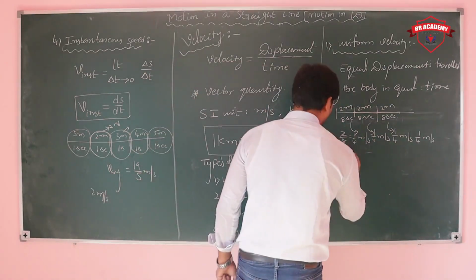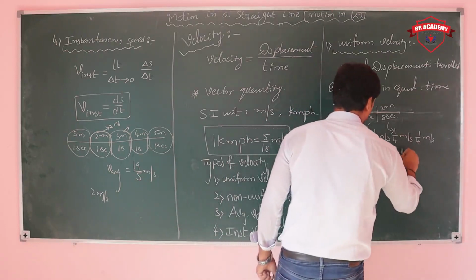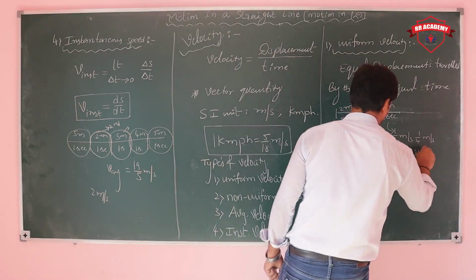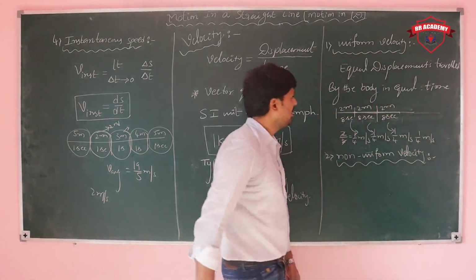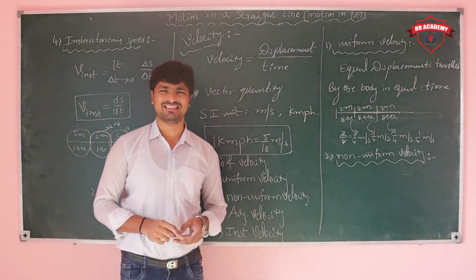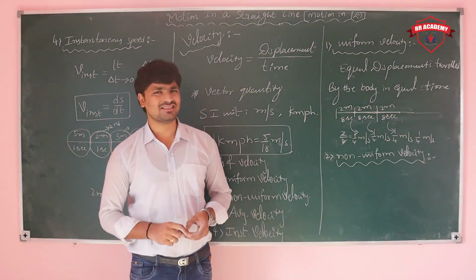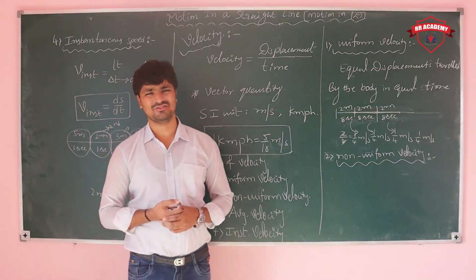And next, non-uniform velocity. Non-uniform velocity is very simple. Uniform means equal displacement traveled by the body in equal intervals of time. Non-uniform means unequal displacement traveled by the body in equal intervals of time.